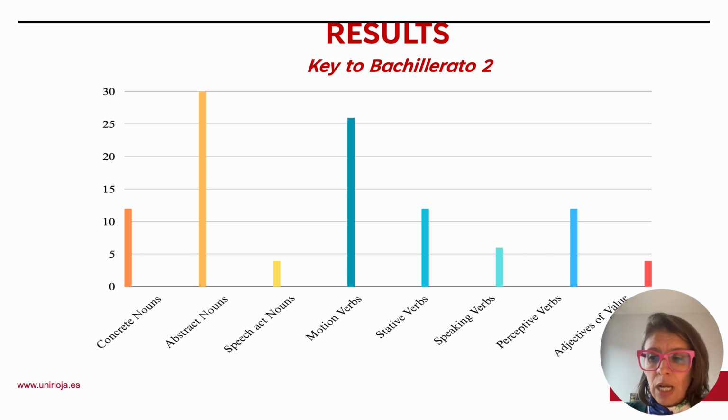In the previous slide, we could see that in the children's textbook, the higher percentage was in concrete nouns, whereas in the adolescents' textbook, it was the abstract nouns. And we also can see that regarding adjectives, there was only one subtype, and it was the adjectives of value.